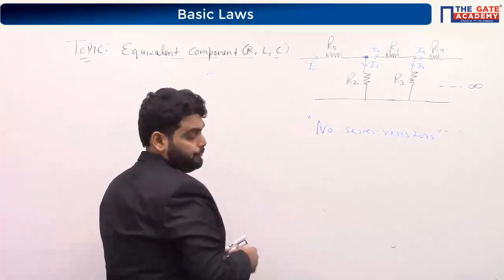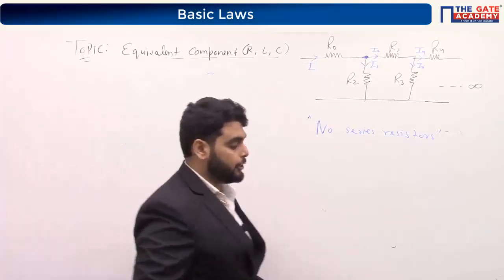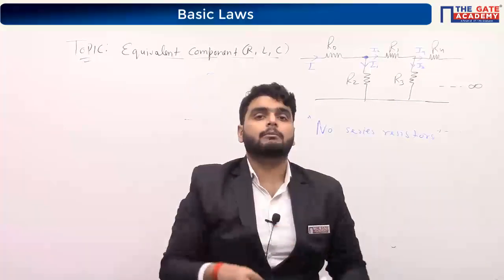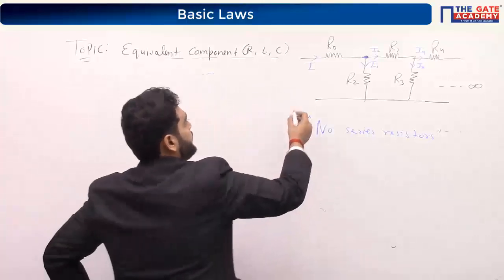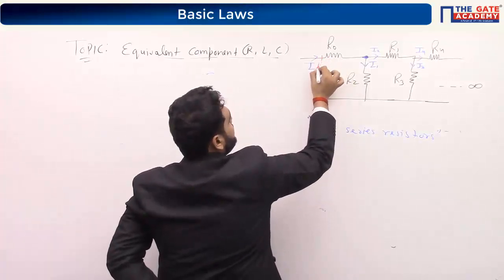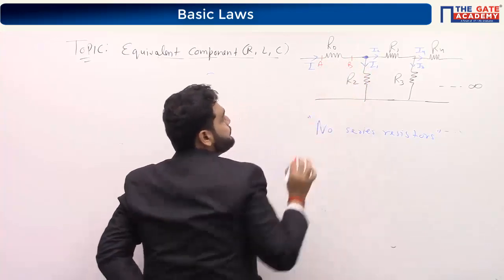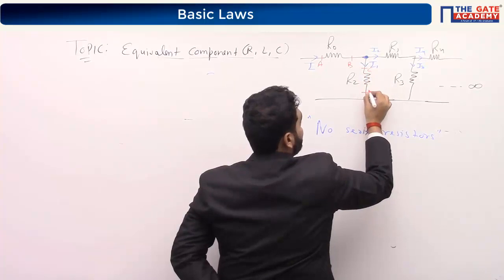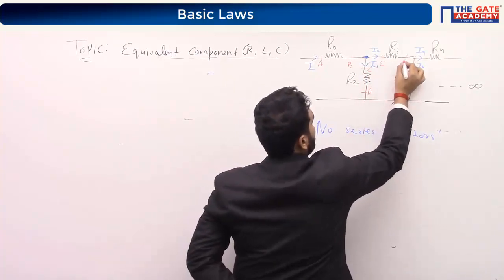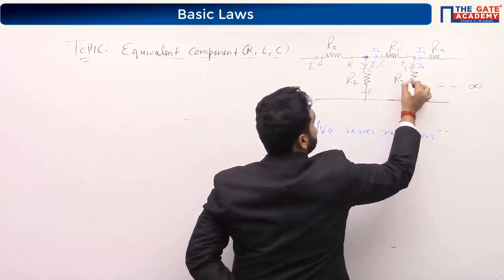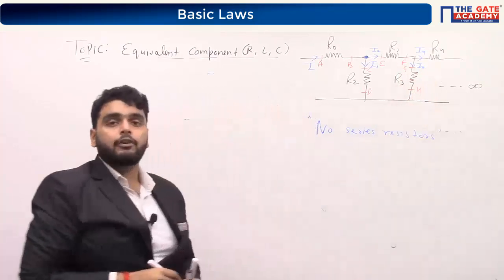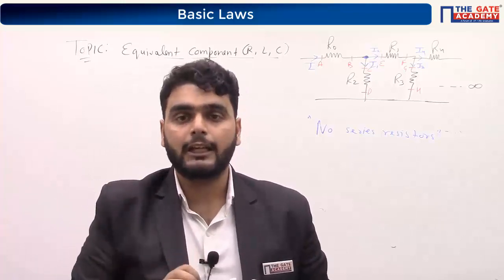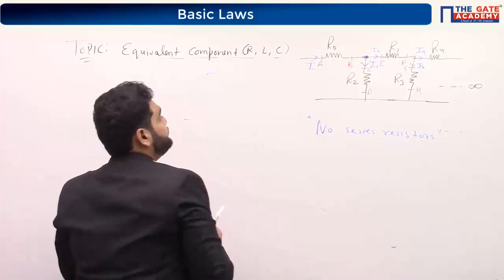So see here. I told you, if you don't know which branches are in parallel, just give alphabetical names to the terminals. For R0, this is A, this is B. For R1, C and D, for R2, E and F, and let us say G and H. If two terminals of both resistors are connected to each other, that will be parallel.